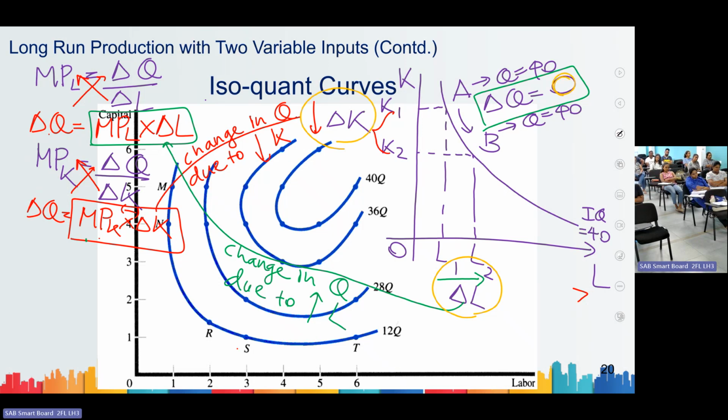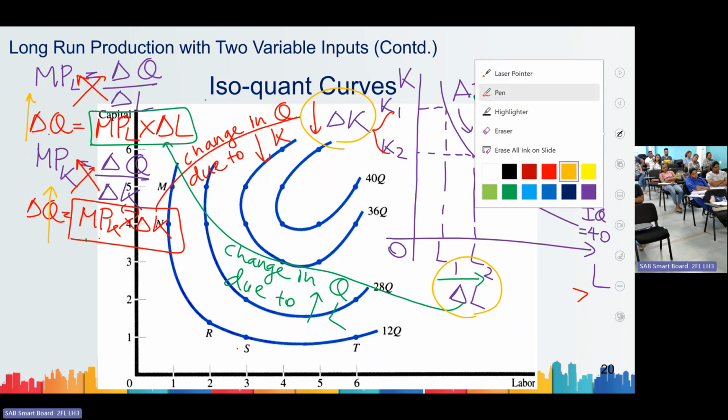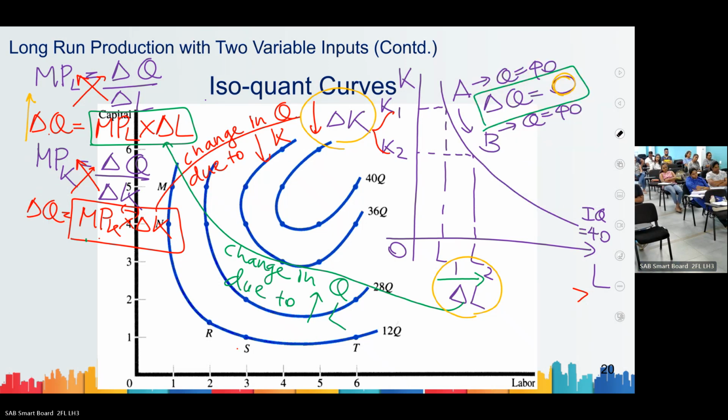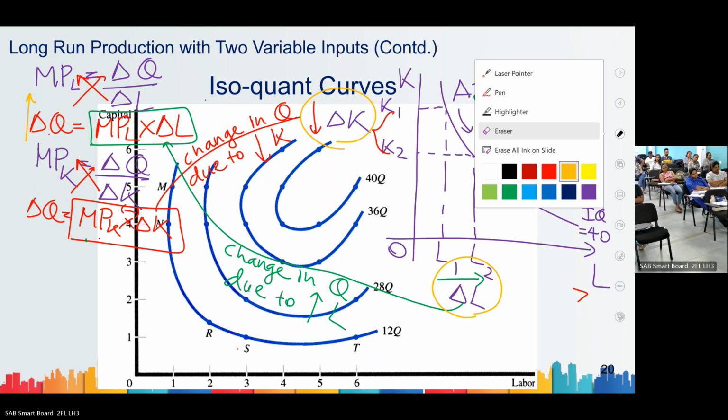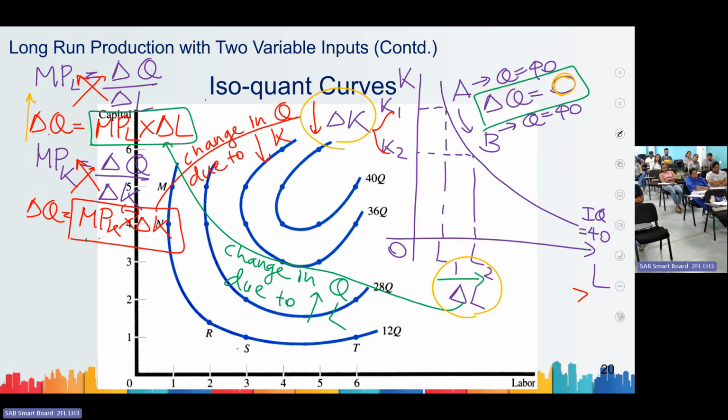That means this increase in output due to increase in labor and this decrease in output due to decrease in capital should be the same.